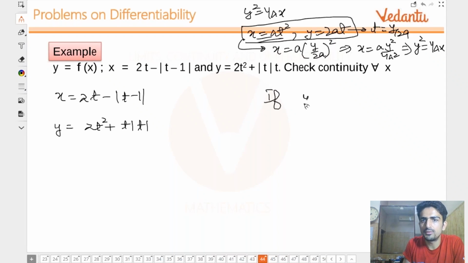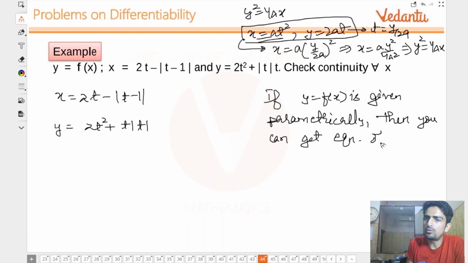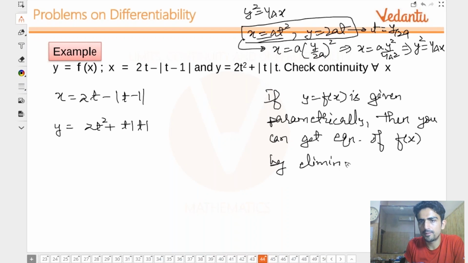So if y equal to f(x) is given parametrically, then you can get the equation of f(x) by eliminating t, just like I did here.